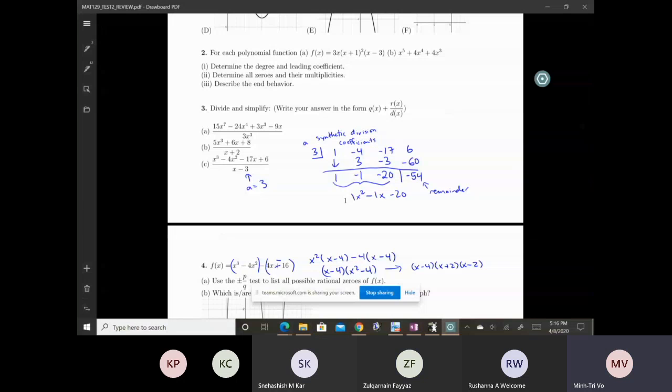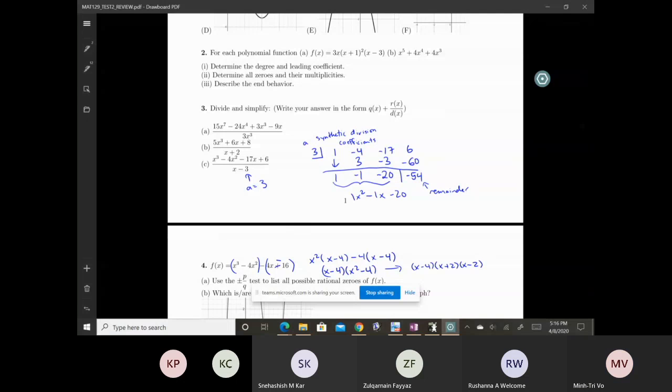The only thing you want to be careful about is if the thing that you are trying to divide is missing any terms. Right, so C is not missing any terms, right? Because it goes x cubed, then x squared, then x, and then the constant term.